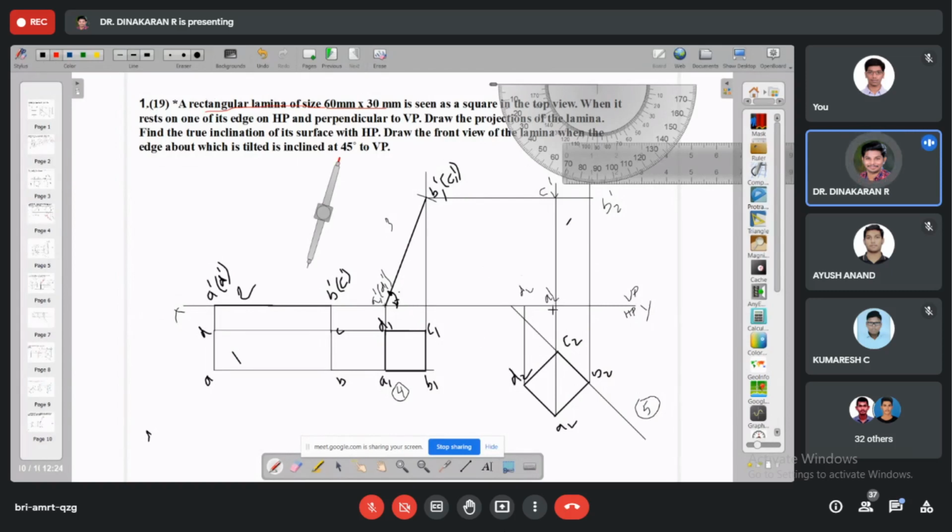It's a thick line. This is the funnel shape. Any doubt?